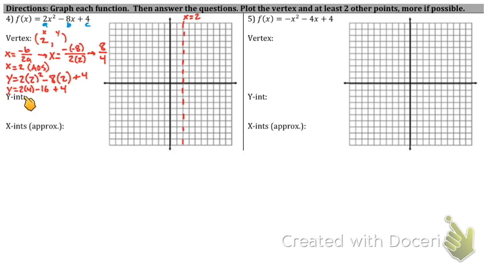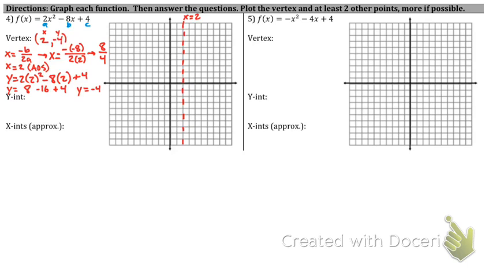Okay, so for room's sake, I'm going to just do the math here. What's 2 times 4? This gives me positive 8. So let's put positive 8 here. Okay, and now we could do adding and subtracting. 8 minus 16, that's negative 8. Negative 8 plus 4 is negative 4.